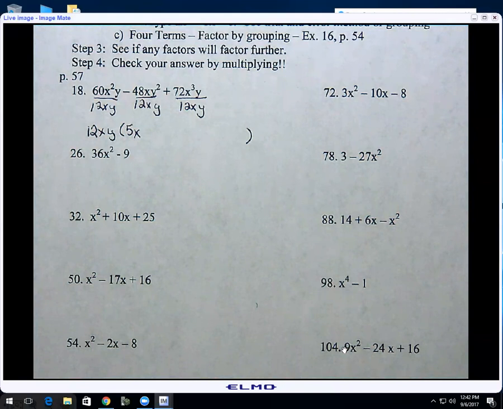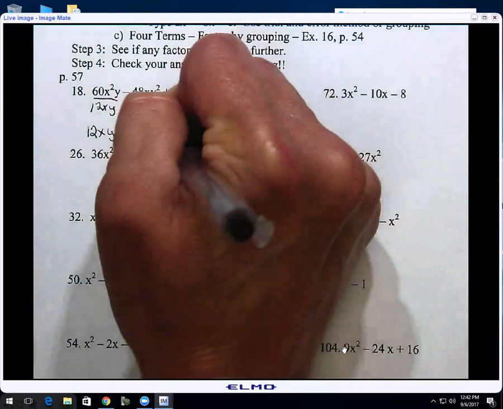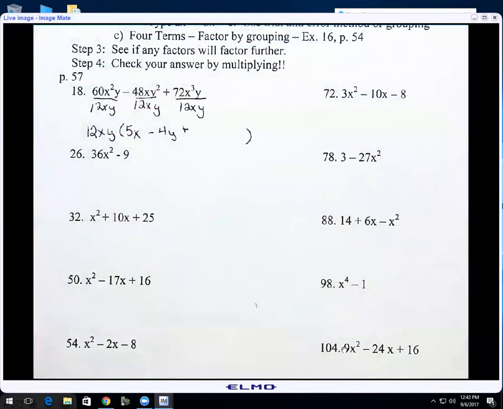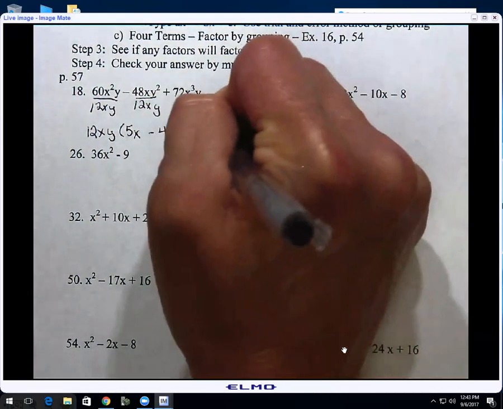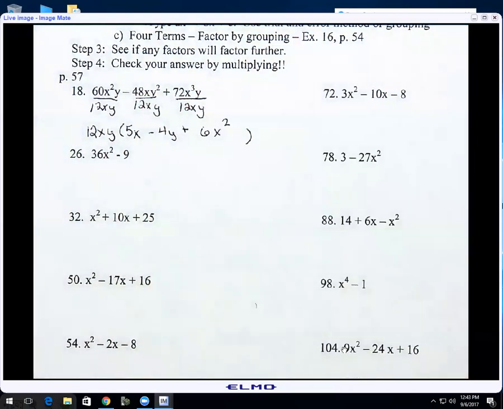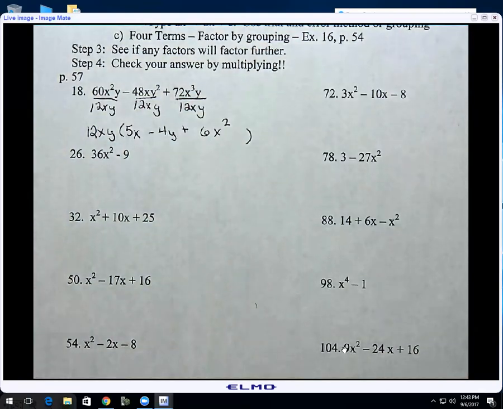What is the second term reduced to? Negative 4y. And what does the third term reduce to? 6x squared. Very good. So y'all don't have any problem with GCF. You distribute that 12xy and make sure that it gives you back that trinomial you started with.